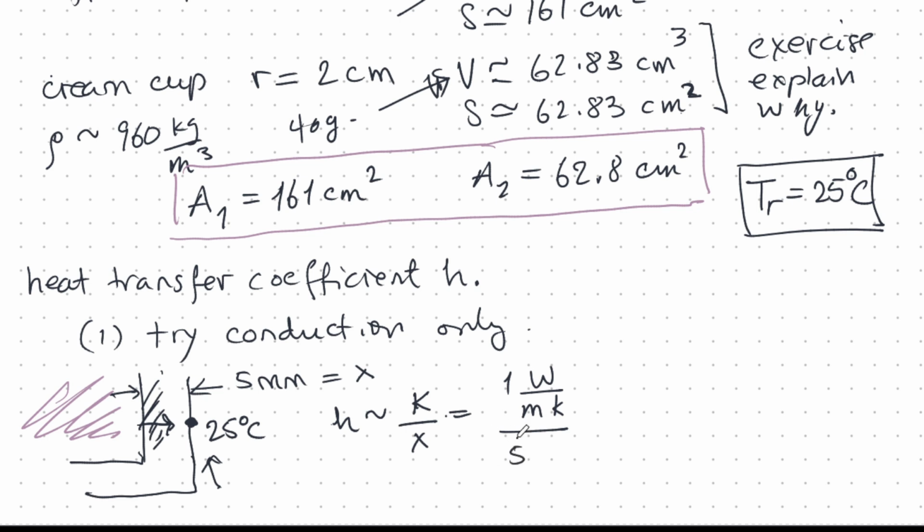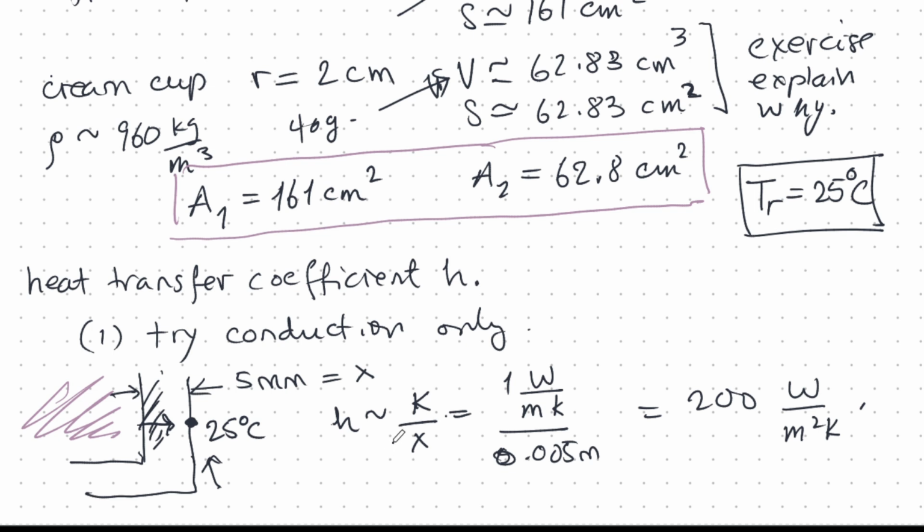Okay, so I have to be careful how I do this. It's going to be 0.005 meters, and this gives me an H of about 200 watts per meter squared Kelvin. And I think that this is way too much. You'll see in a minute.